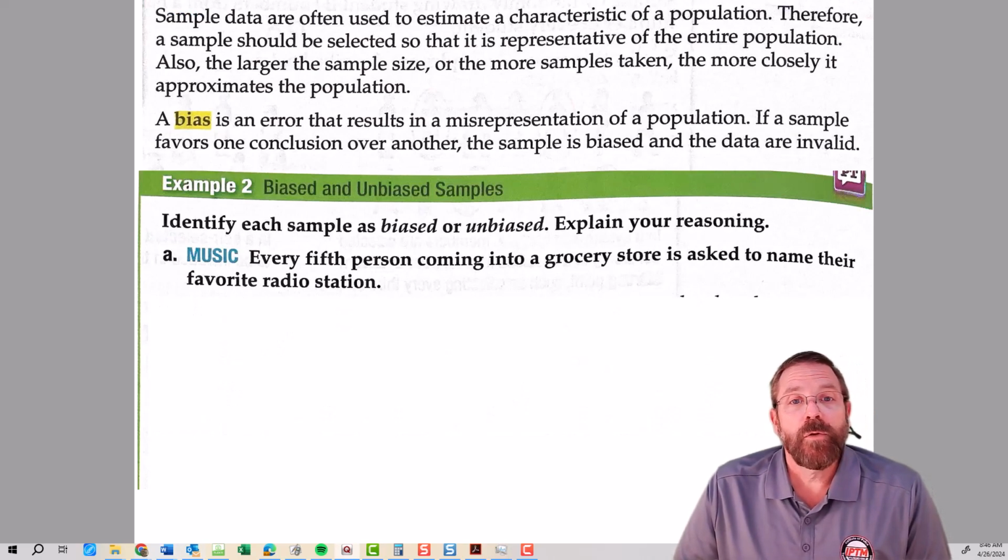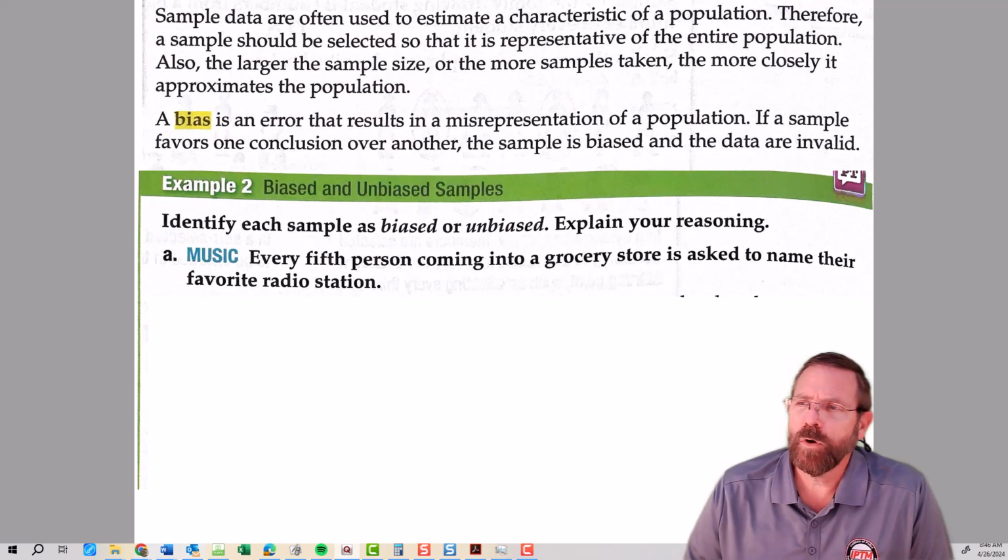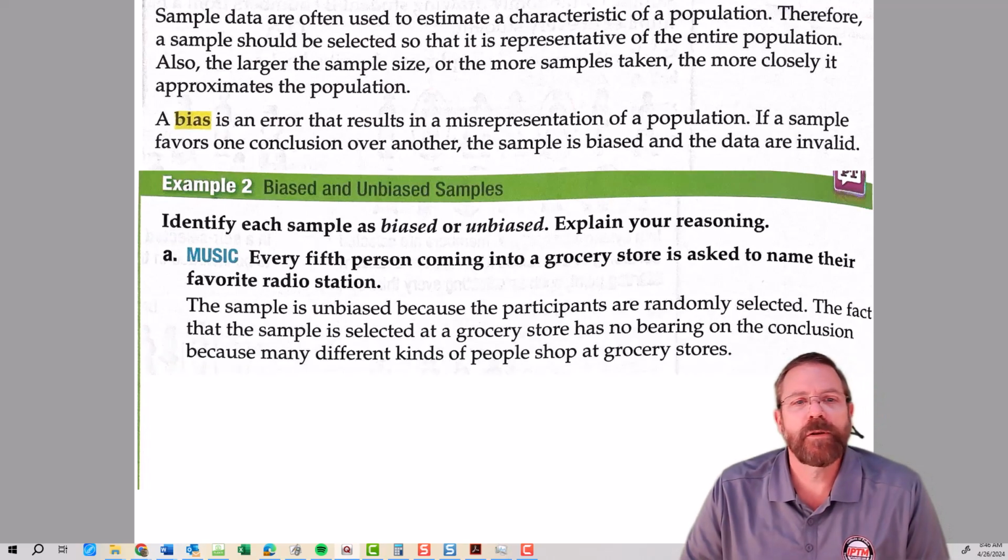Here we're going to take a look at biased versus unbiased samples. So we have every fifth person coming in the grocery store is asked to name their favorite radio station. Do you think this one's going to be biased, or unbiased? Well, according to the textbook, this is going to be an unbiased survey because pretty much everybody goes in the grocery store.